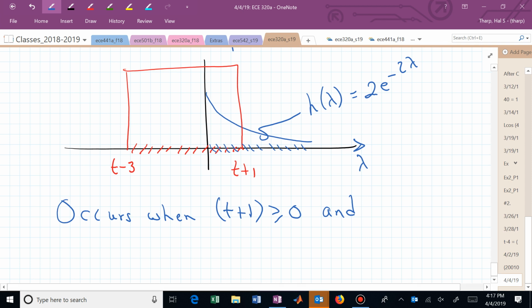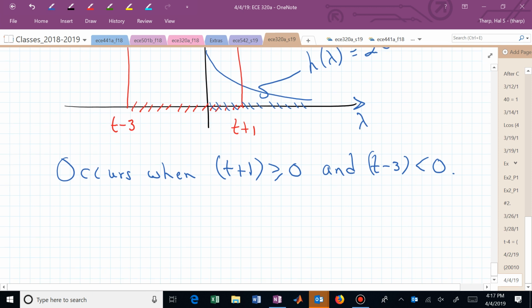So we have t plus 1 greater than or equal to 0 and t minus 3 less than 0. We need those two playing together. And if you solve those for t, you can hopefully see that, oh, t needs to be bigger than or equal to minus 1. That comes from that one. Just subtract 1 from both sides and you see t is greater than or equal to minus 1. And now this one says, oh, and t is less than 3.